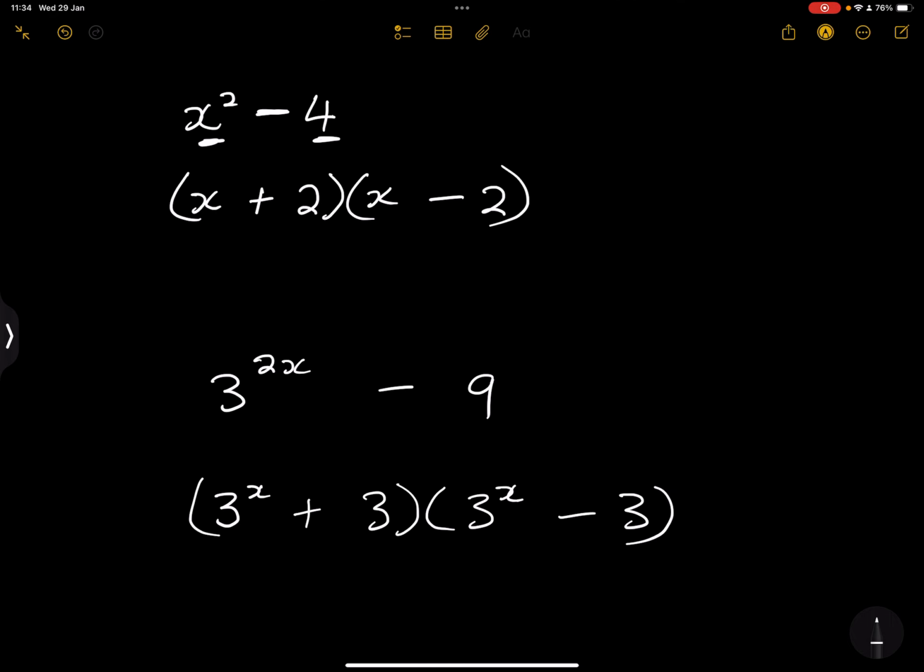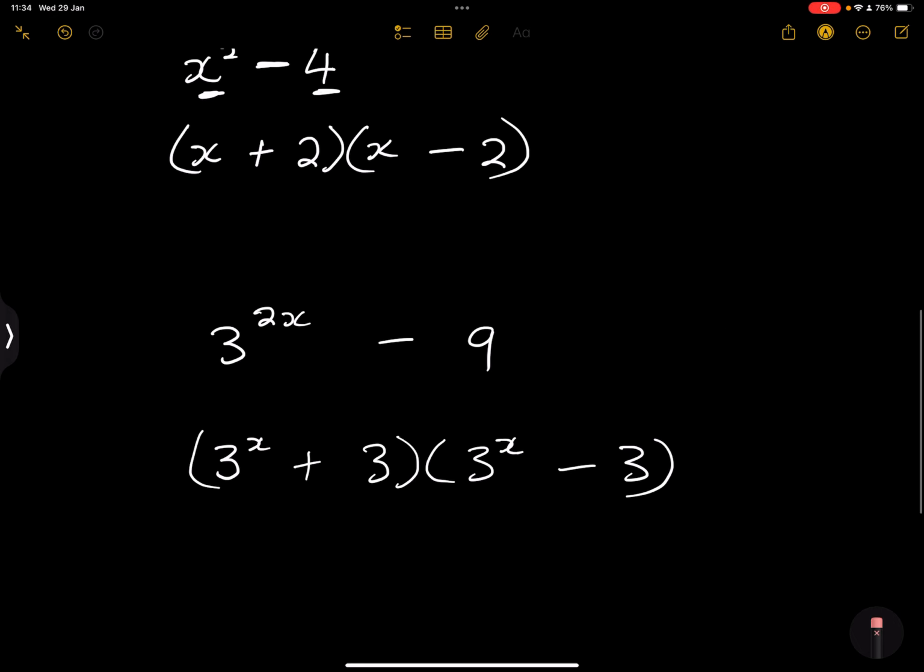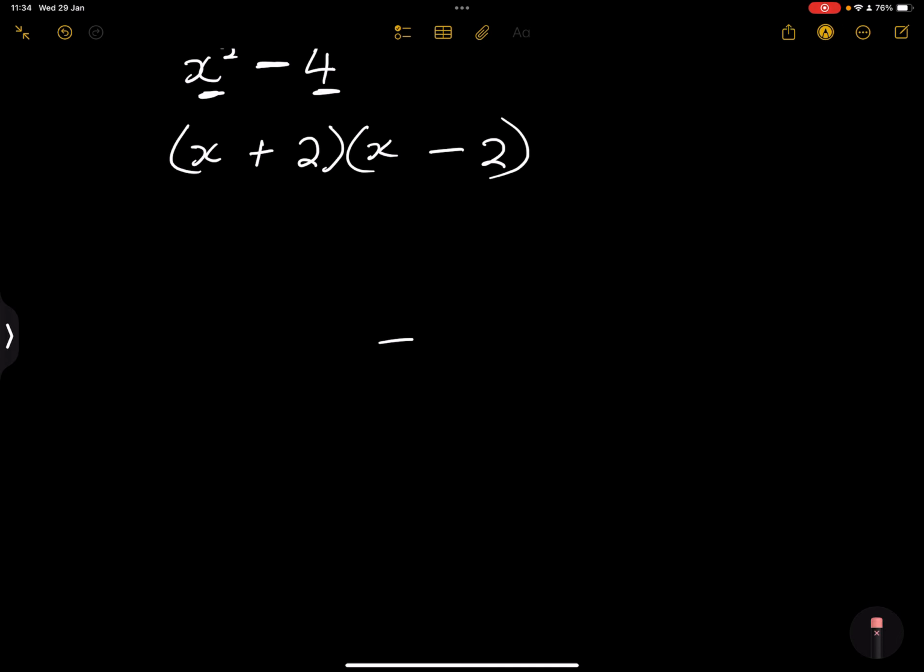Remember, 3^(2x) is the same as 3^x multiplied by 3^x, so in this case, it is definitely a perfect square. This is how we would factorize something like that. Please keep that in mind so that you're able to identify it as quickly as possible.